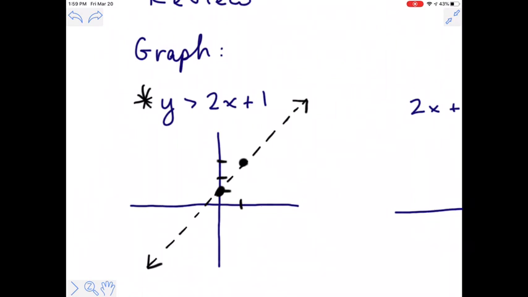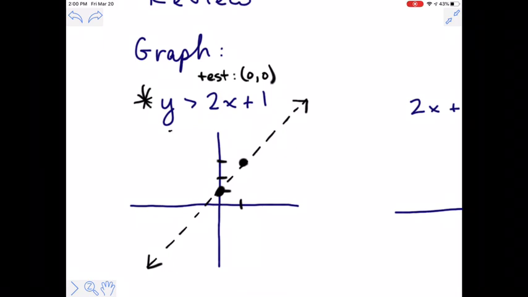So I'm going to test the point 0, 0 for this inequality, which means x and y are both 0. If that ends up making a true statement, what that means is the test point I chose is in the shaded area because it satisfied the inequality. If I plug in 0, 0 into this inequality and it turns out to be an untrue statement, then the test point I chose is not in the shaded area.